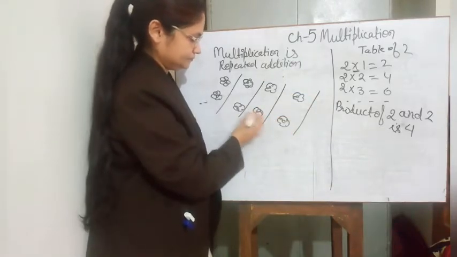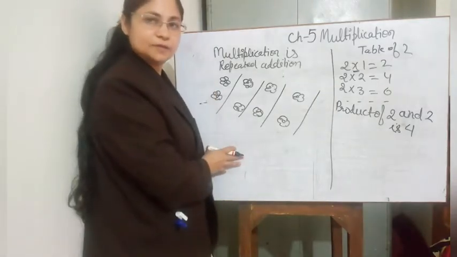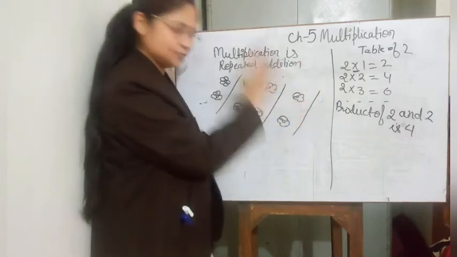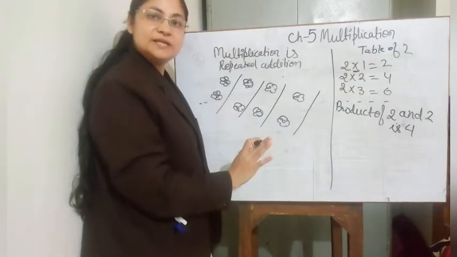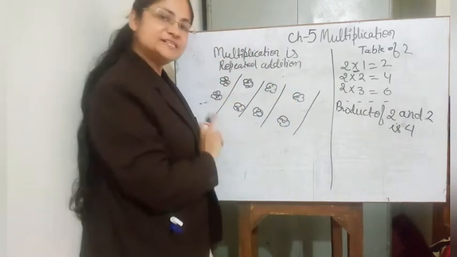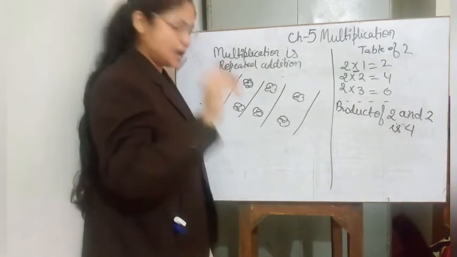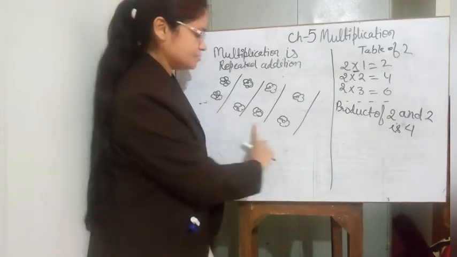First group, second group, third group, fourth group. As you can see, each group is containing an equal number of flowers. So how many groups are there? Total 4.